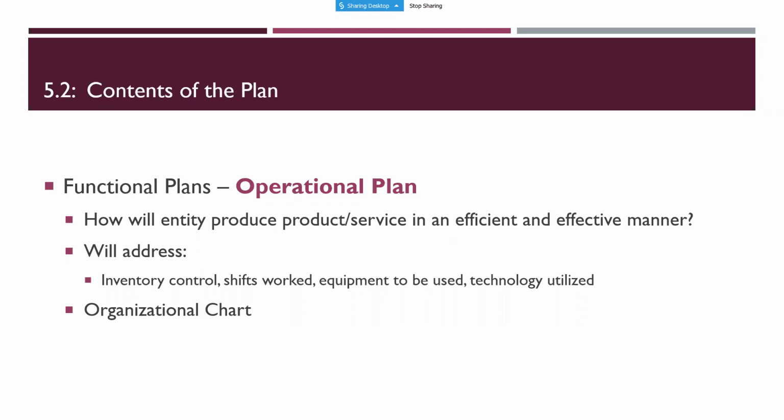And this would be where to present the organizational chart, at least for our non-management employees. When we discuss management, then we would put the organizational chart for your management.